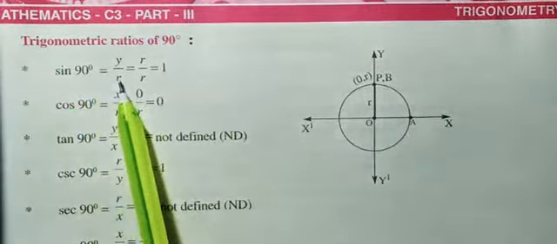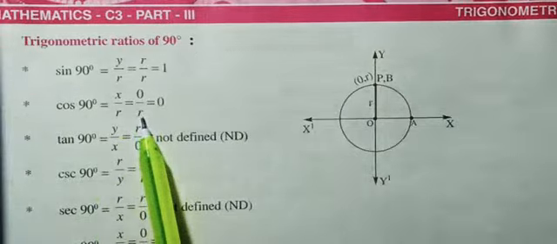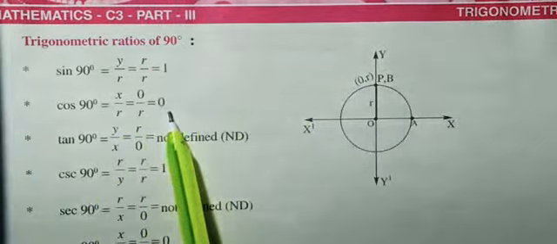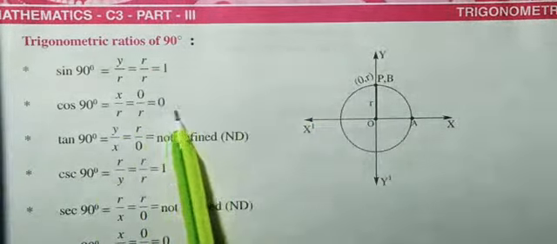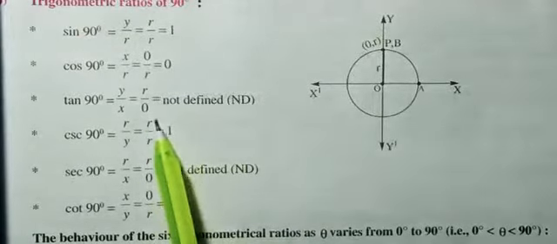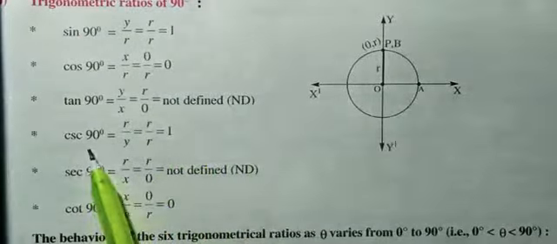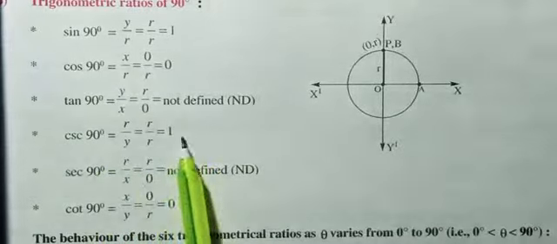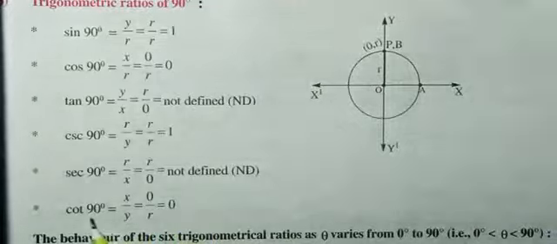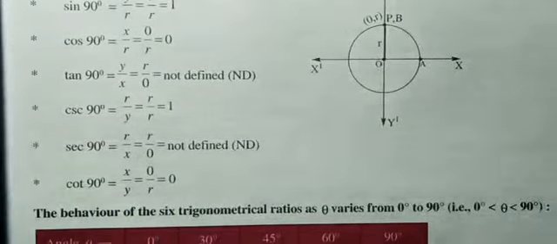Cos 90 is equal to x by r, that is 0 by r, that is 0. The x coordinate is 0 here. Tan 90 is equal to y by x is equal to r by 0, that is infinite. Cosec 90 is equal to r by y, that is 1. Sec 90 is equal to infinite, and cot 90 is equal to 0.